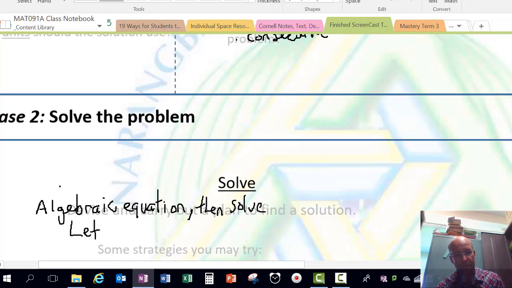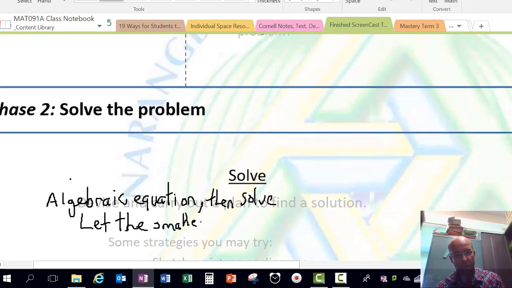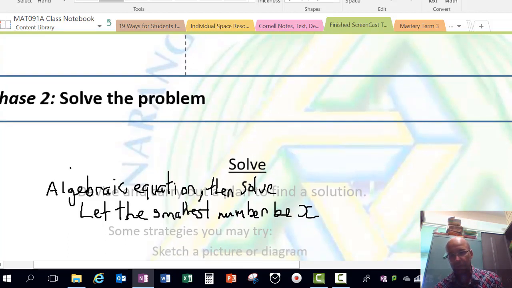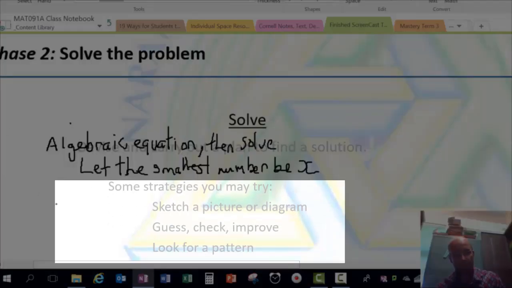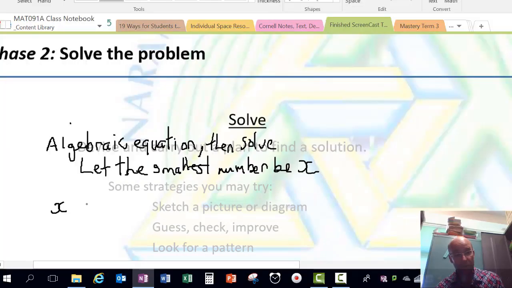I'm going to say let the smallest number be x. Now, if we've got x as the smallest number, the next one would be next odd number. Well, it's not going to be x plus 1 because that's the next number.